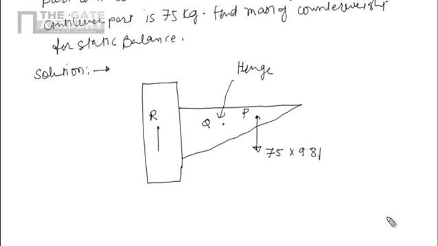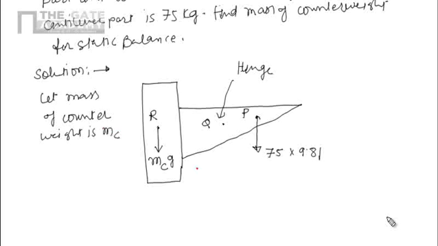Here at R is the mass of the counterweight. So let the mass of counterweight be MC. The weight will be MC into g. They have given this distance as 0.5 meter and this distance as 2 meter. For this problem we have to find MC, so our interest is MC.